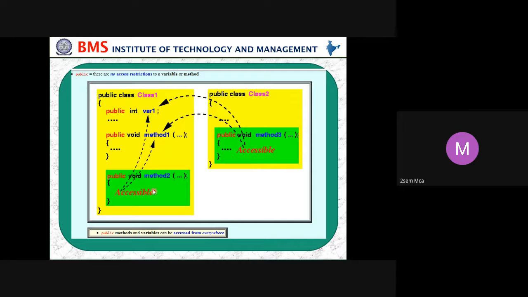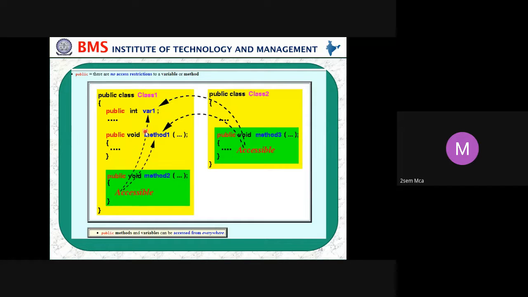In the same way, even in method 2 we take variable 1 and method 1, maybe. Then that is allowed. So public methods and variables can be accessed from anywhere. When you declare something as public, it can be accessed in any of the classes, in any of the methods, with any variables. That's what you can see here.